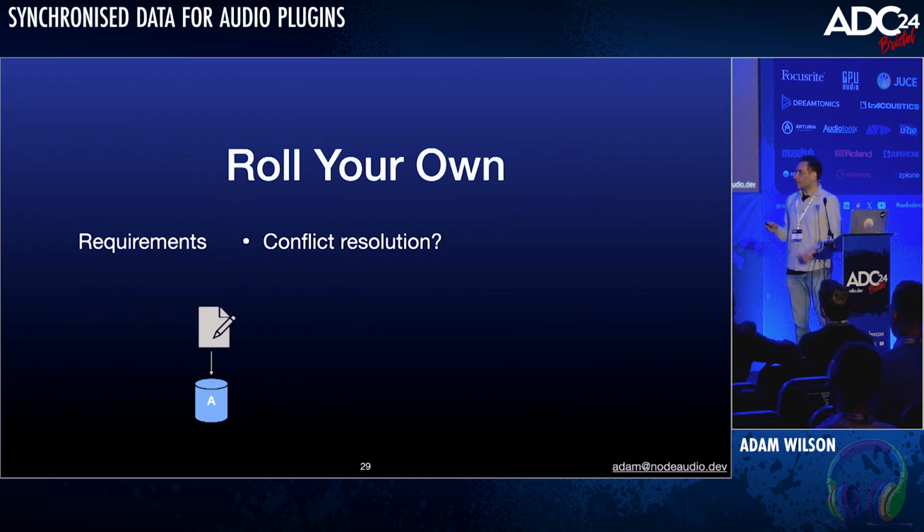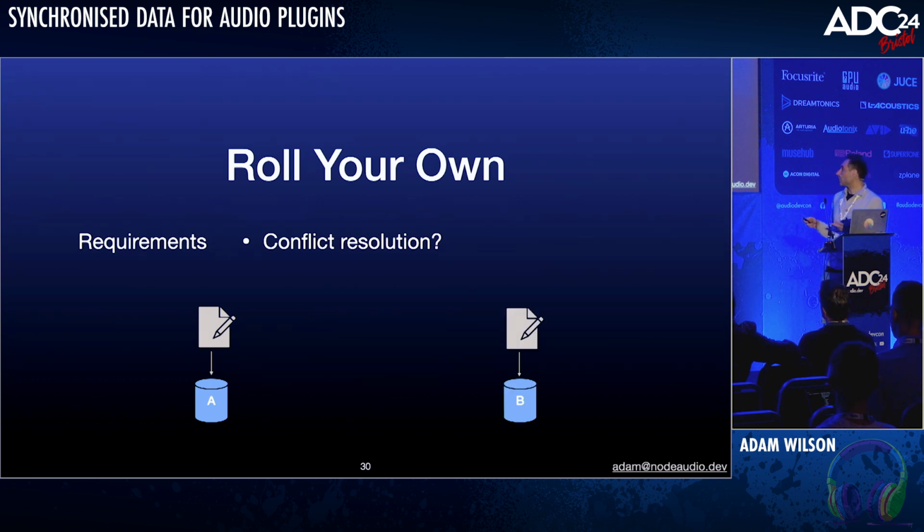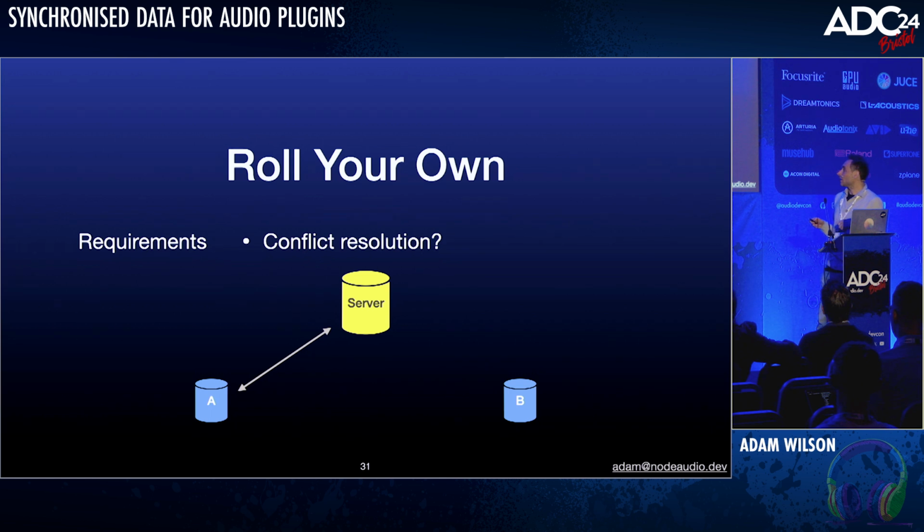So, to illustrate this, you have device A, which is offline. You make an edit to a document, let's call it. And then device B makes an edit to the same document, but a different edit to the same bit of the same document. And then device A connects to the server and synchronizes, that's fine. Everything's updated.